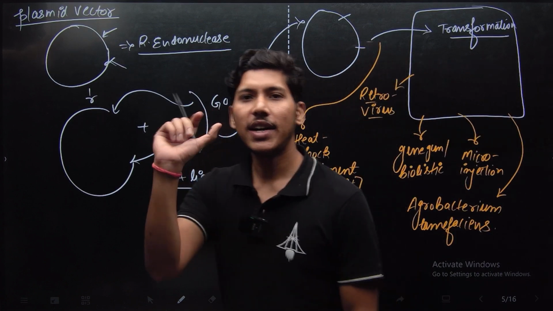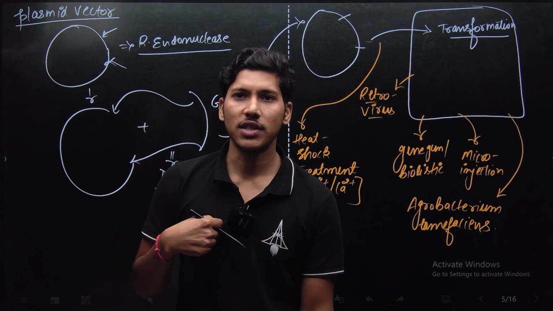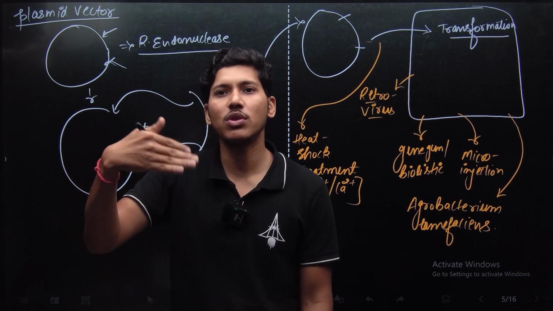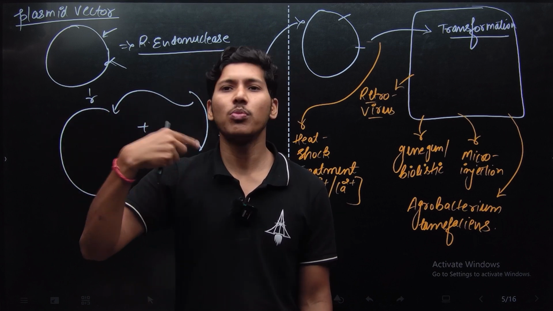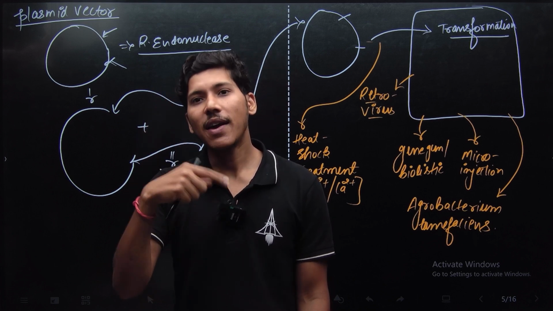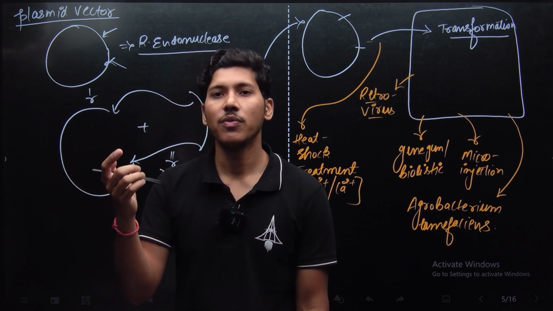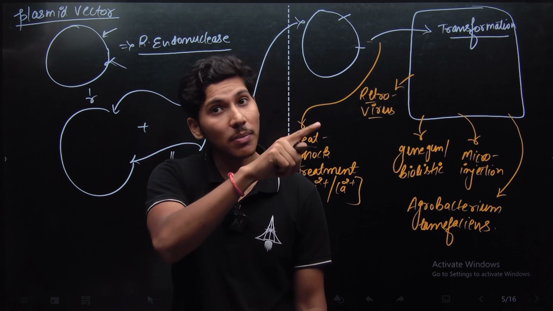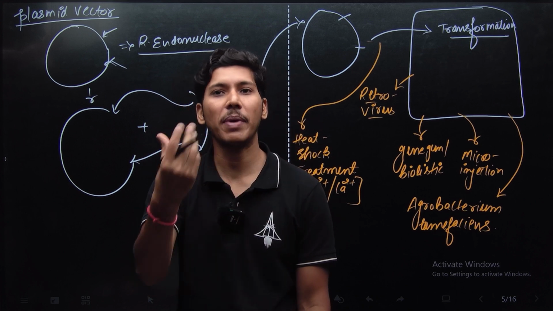Now once we are done extracting our gene of interest, we have to express it outside the human body, let's say. But to do that, we have to express it in some other organism, like a bacteria.